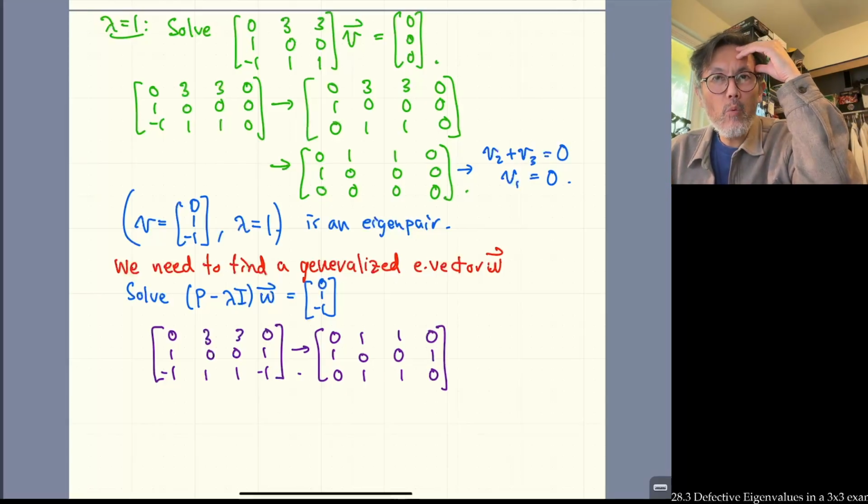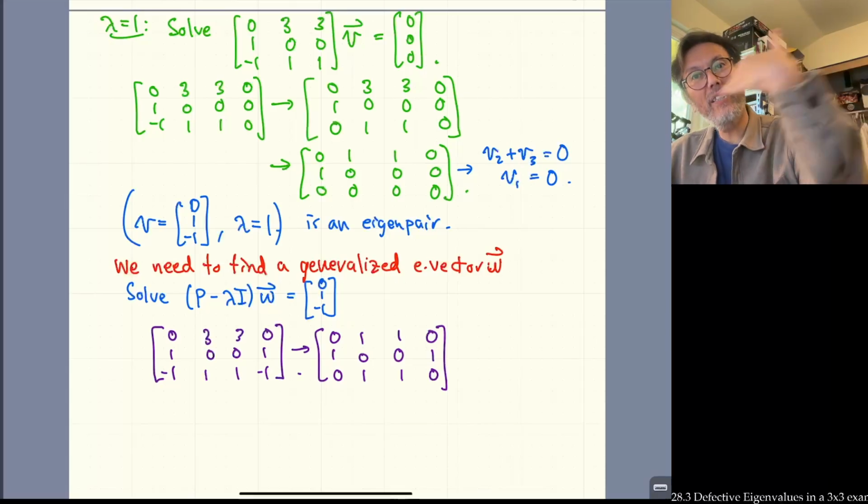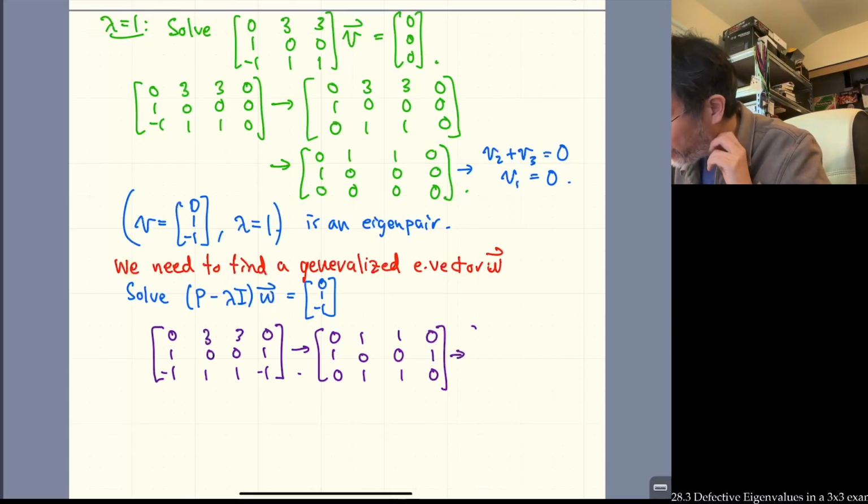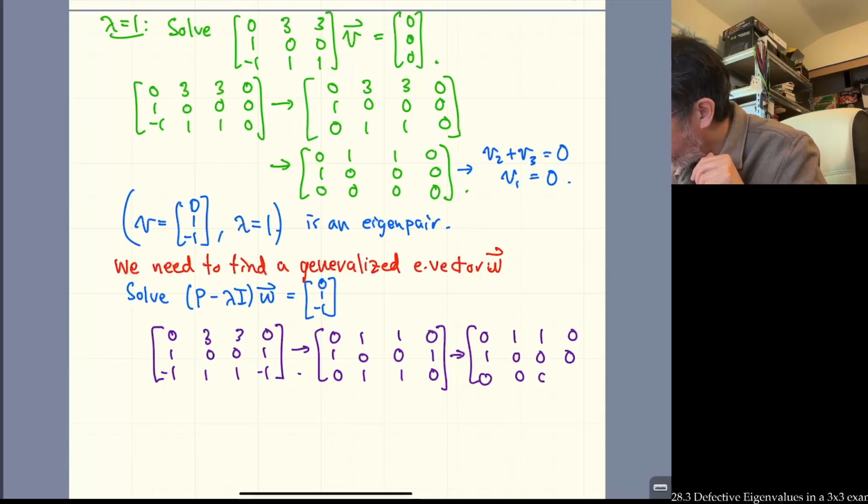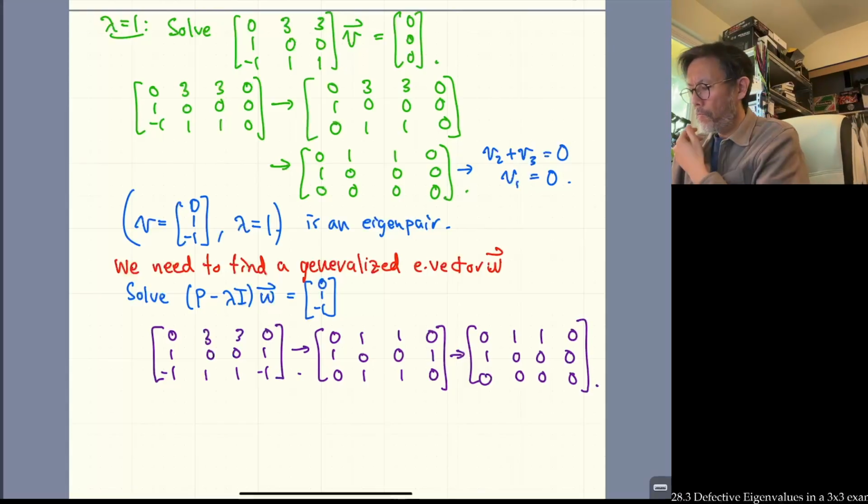Now I notice that row 1 and row 3 are identical, so I can kill row 3. Oh, shoot, I messed up. That would have been fatal. This 0 is a 1.